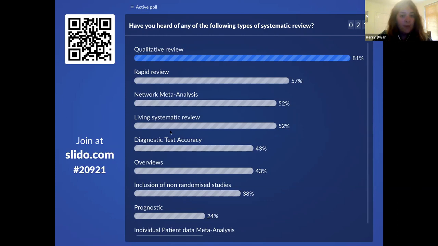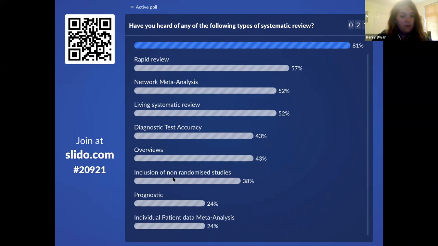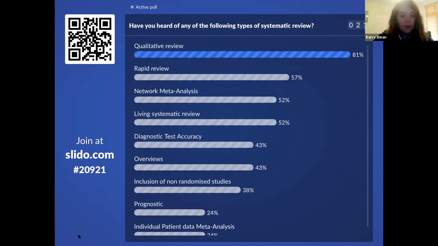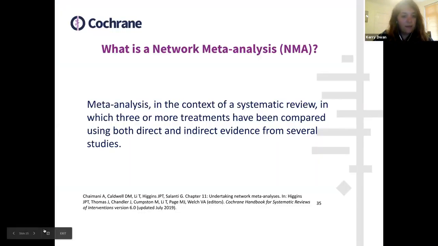Rapid review, network meta-analysis, living systematic review, less so on diagnostic test accuracy, overviews, non-randomized studies, prognostic and individual patient data meta-analysis at the bottom there. Okay, that's useful to know.